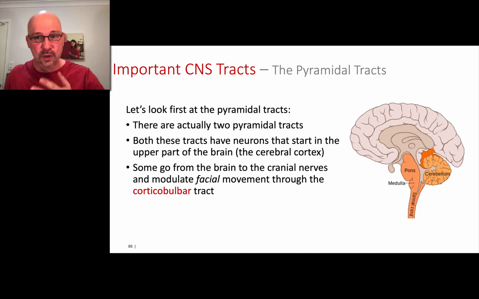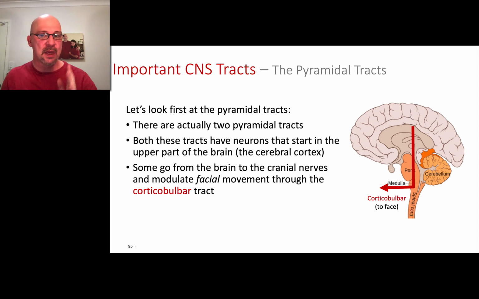The other ones go down to our body. So if I'm doing this, that's a pyramidal tract action. If I'm doing this, that's a pyramidal tract action. The one that goes from the cortex to the face is called the corticobulbar tract. Now, it makes sense that we would call it the cortical tract because that's where it starts.